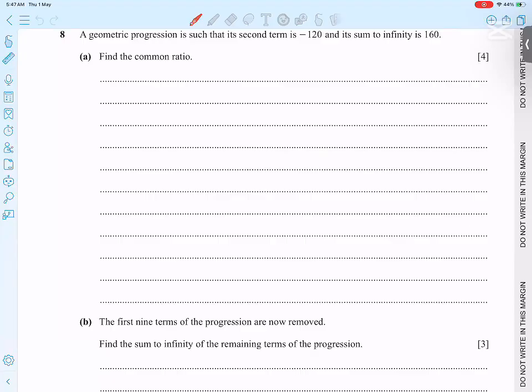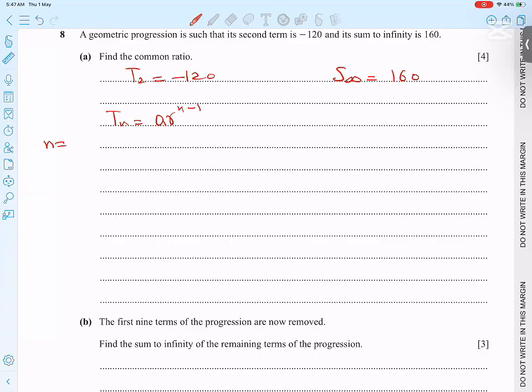Question number 8, students. We have a geometrical progression such that the second term is negative 120, so T2 is negative 120, and the sum to infinity is 160. The formula for the nth term of a geometrical progression is very clear.